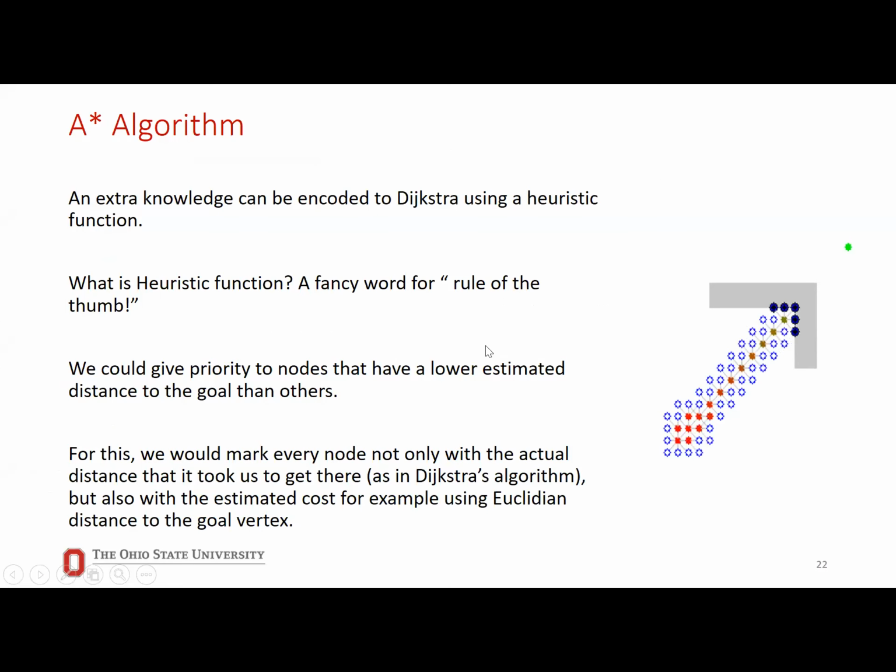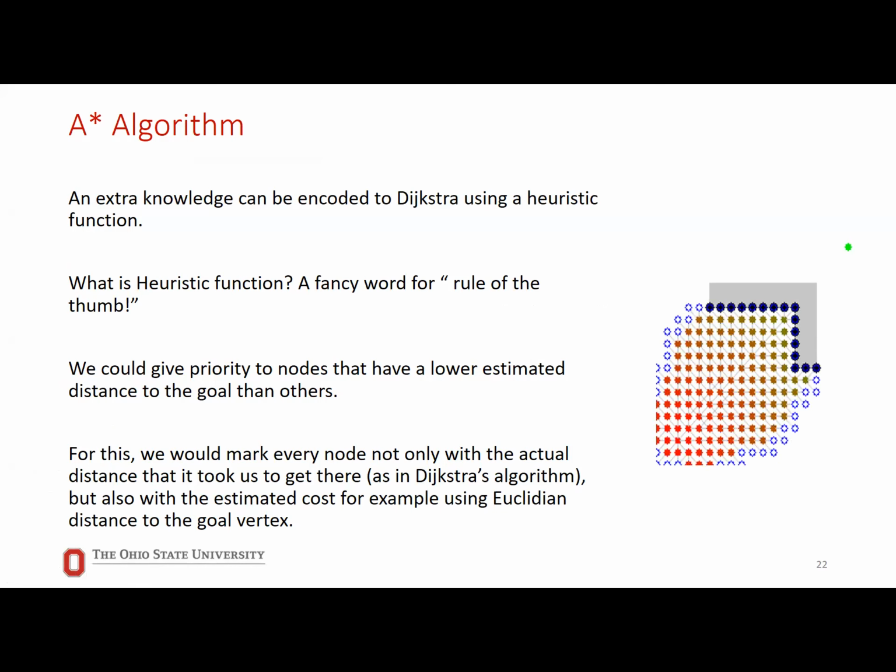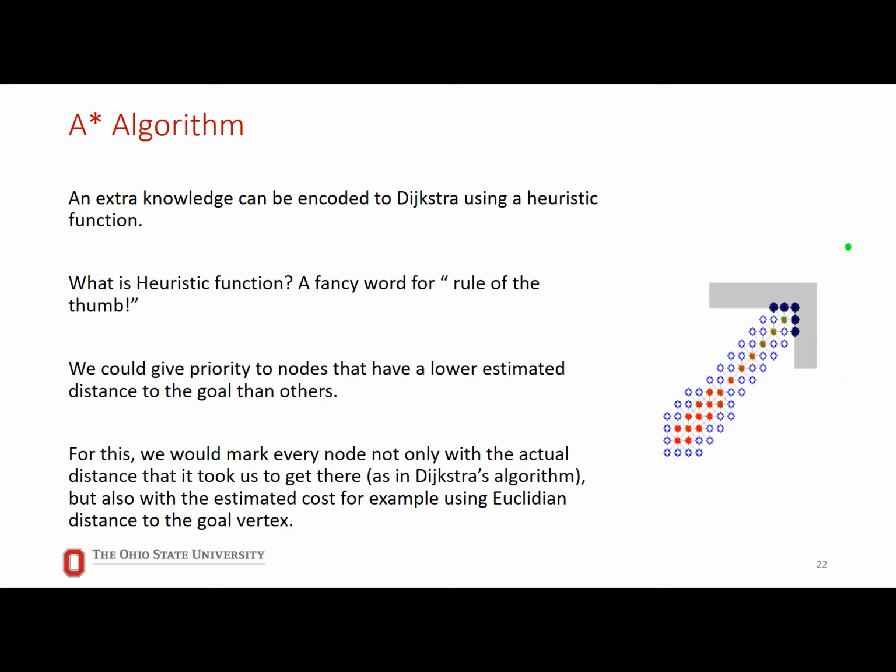All right, so this is your A star. It knows the goal is on the other side, right? So it's calculating the distance, and everything in the straight path is going to be shorter, but it knows there is an obstacle. So it keeps going around the obstacle until it finds the shortest distance. So it physically finds the actual distance between where you are and where your goal is.